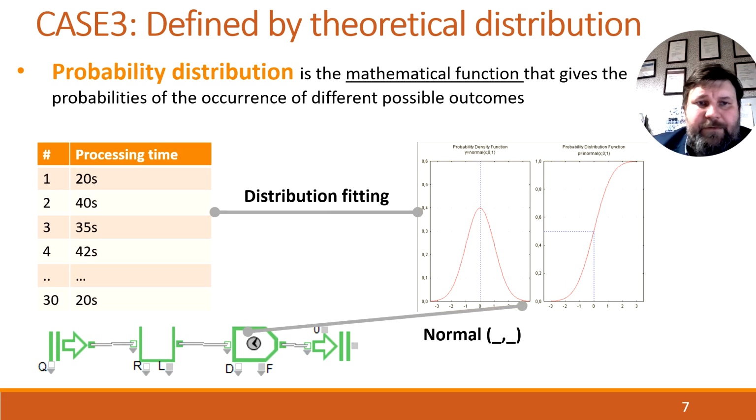Moving to the third case, first of all I would like to state that this one is the most powerful tool which we have to describe randomness. As you're able to recognize here, we are trying to find a theoretical distribution which describes the data set. This task is known as distribution fitting.